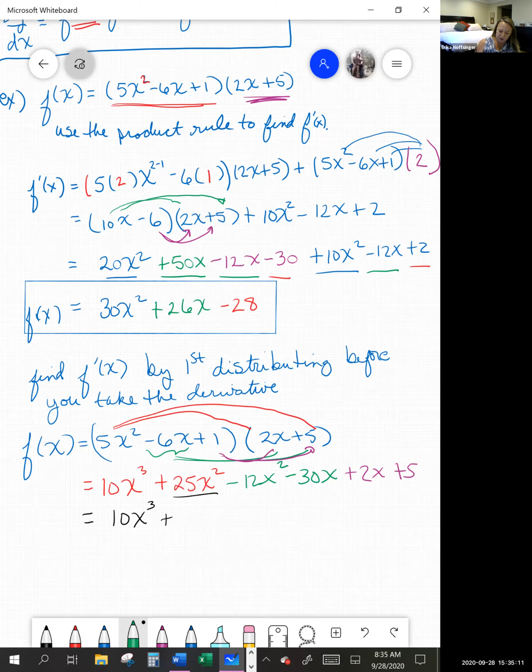So it really was 25x squared minus 12x squared. So that is plus 13x squared. And then we have negative 30x plus 2x. So that's minus 28x plus 5.